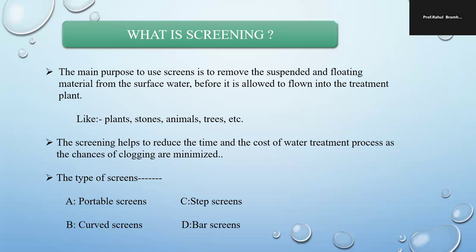These types of screens depend on their shape and size. Accordingly, screens are divided into four types, that is portable screen, step screen, curve screen and bar screen. So these are the types of screens.